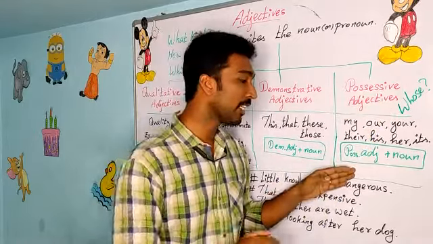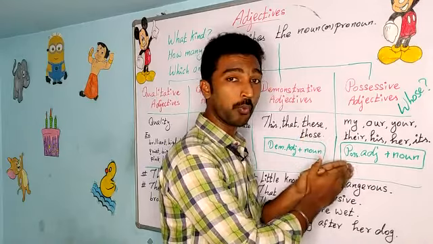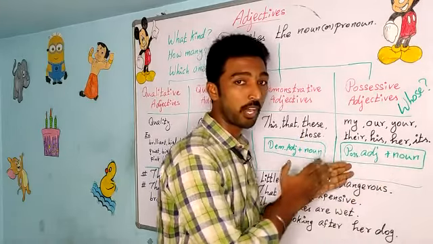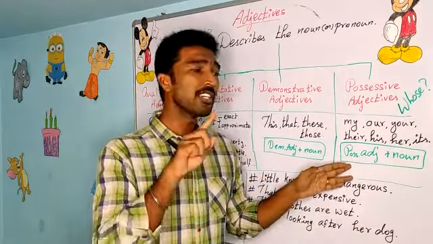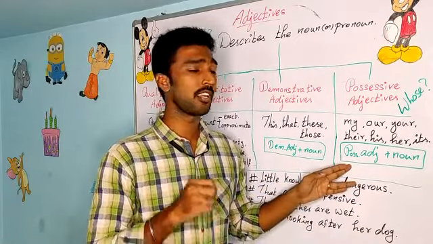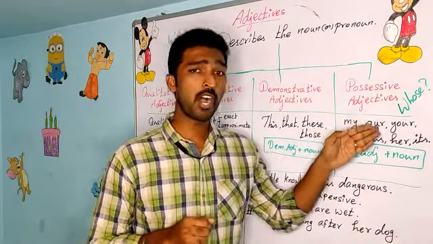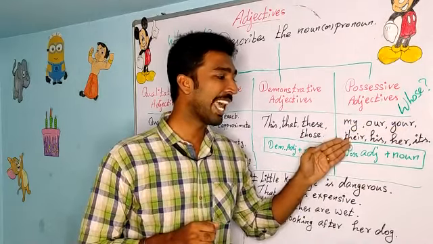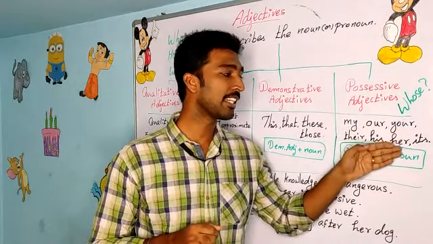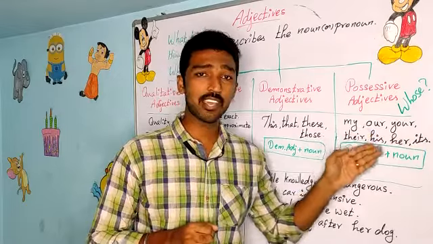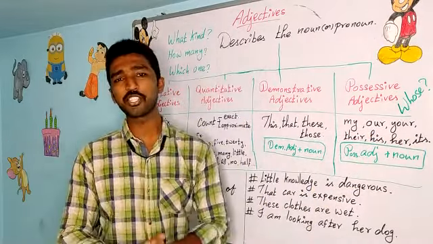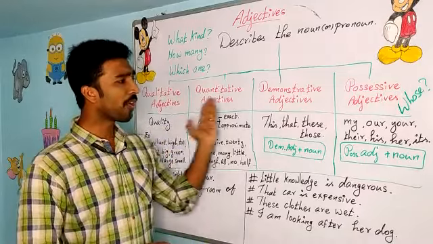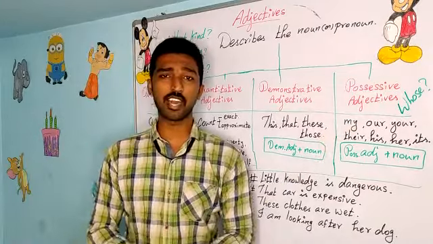And don't forget it, a possessive adjective always goes with a noun. Possessive adjective plus noun. We have seven possessive adjectives. They are my, our, your, their, his, her, its. These are the seven possessive adjectives. Yes, that's all. We have learned four kinds of adjectives in this class.